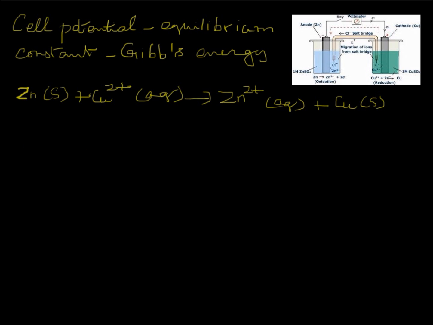Now when we take pure zinc and copper rods in 1 molar solution of each of its ions, we have this standard cell, and that will give you an E0 cell value of 1.10 volt.